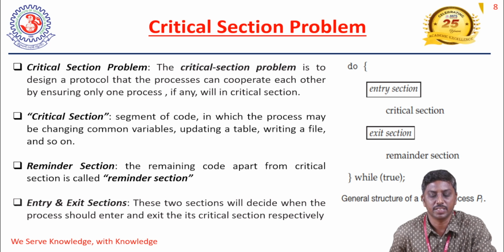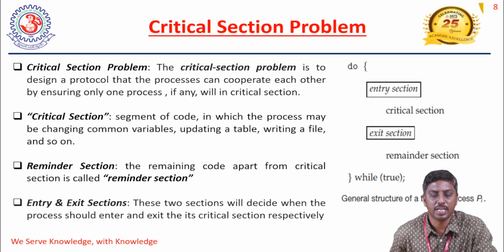What do you mean by critical section? Every process, if I divide it, can be divided into two segments called the critical section and the remainder section. The critical section is that section where there is a change of common variables, that is, shared variables. For producer and consumer, the common variable is counter. It could also be updating a table that is being used by n number of processes, or writing a file, because a file is also used by more processes.